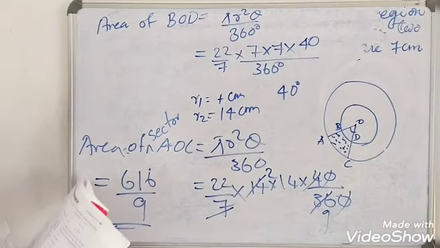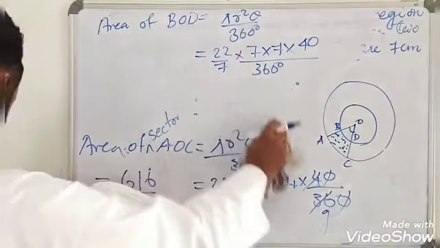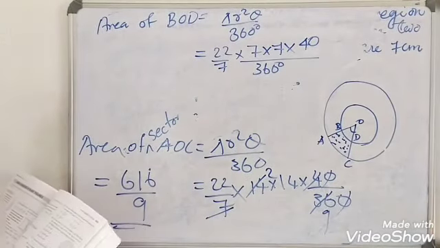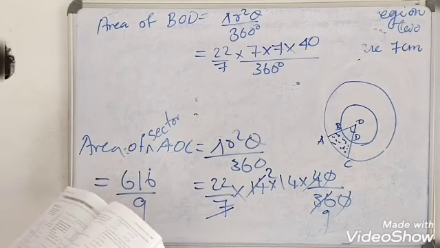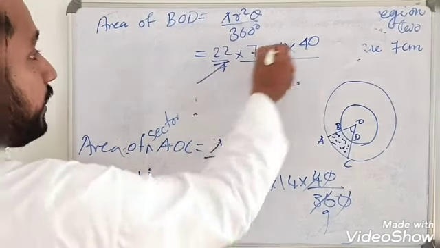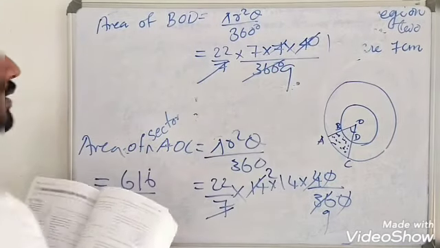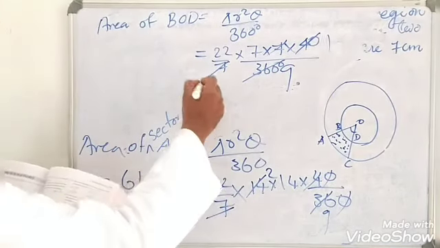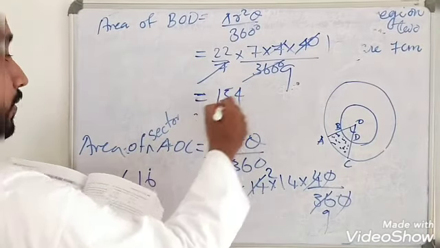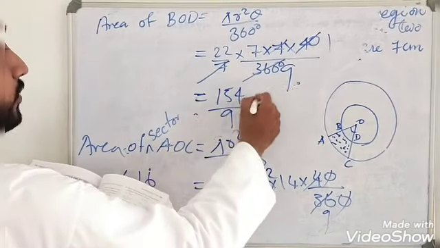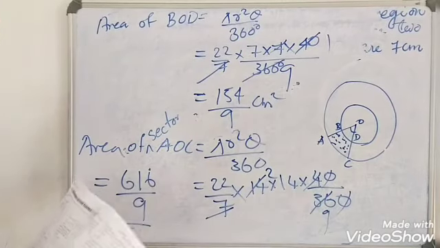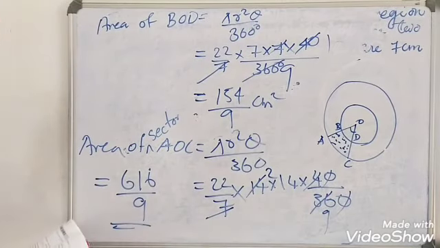When we calculate, 22 by 7 into 7 into 7 into 40 by 360, the 7s we can cancel, 40 and 360 gives 9. Then we get the answer 154 by 9 centimeters square.